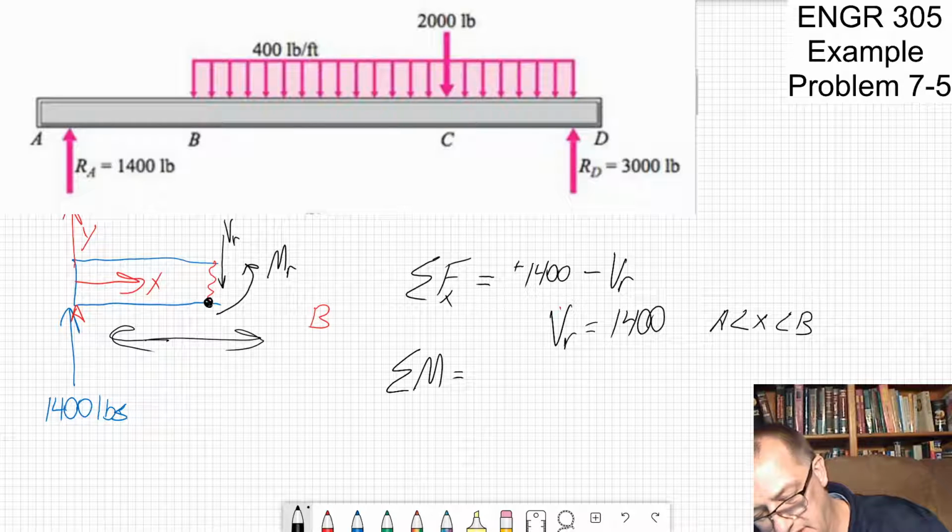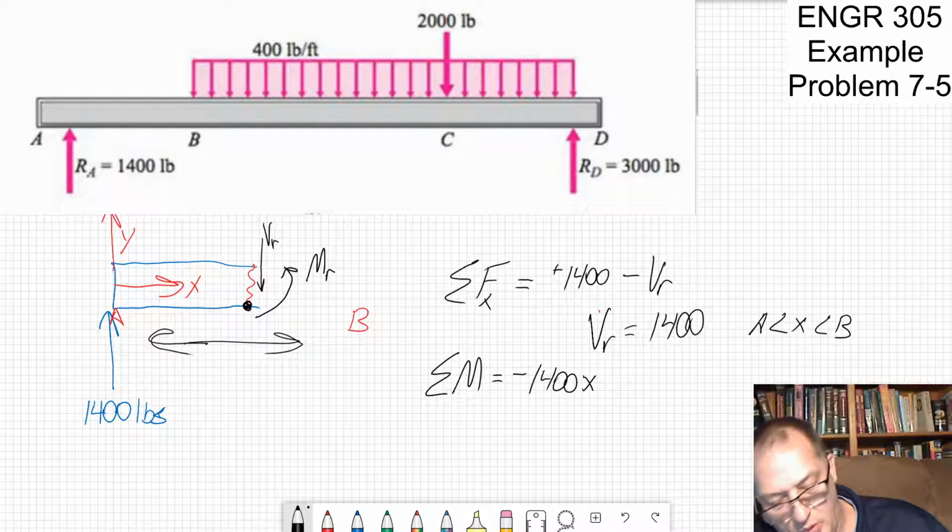The sum of the moments is equal to, well, I've got this 1,400 pounds, and that's going to cause Y to go to X, so that's a minus 1,400 times X, times whatever the distance is that I'm away from that cut.